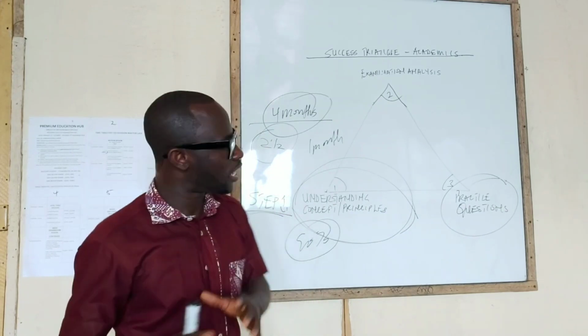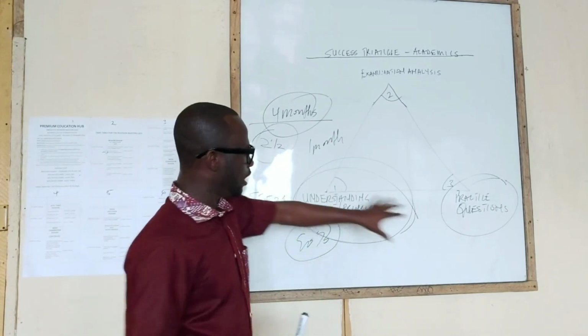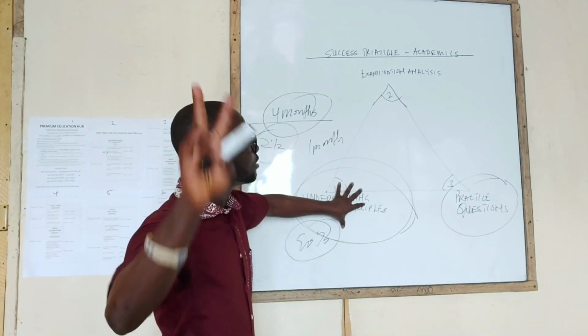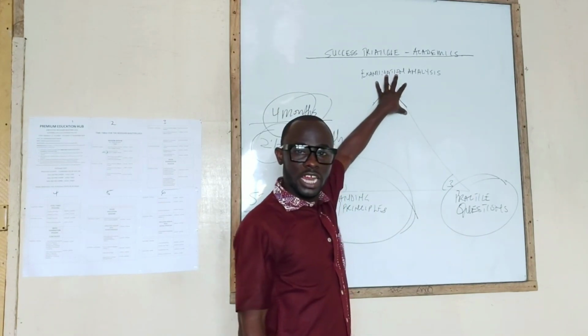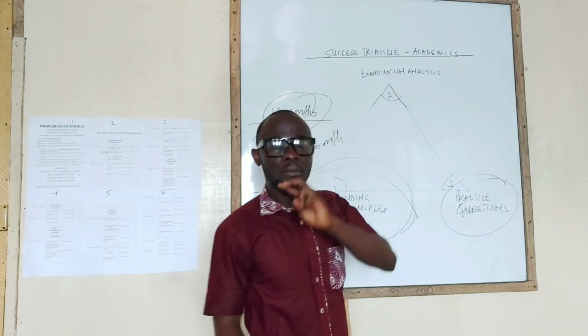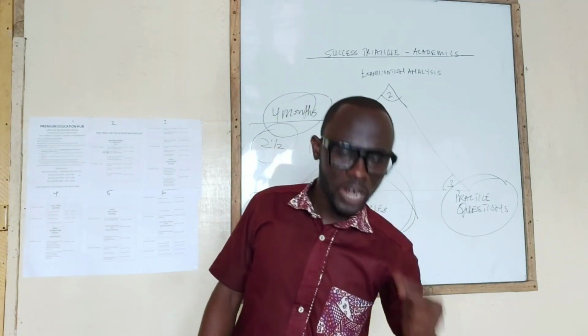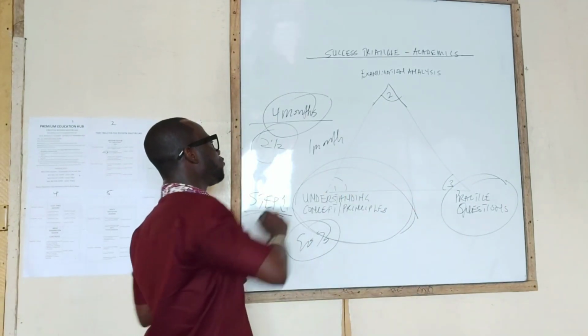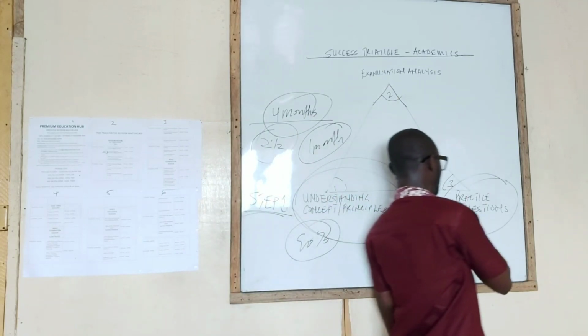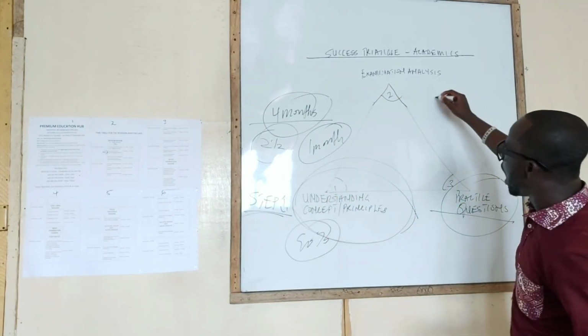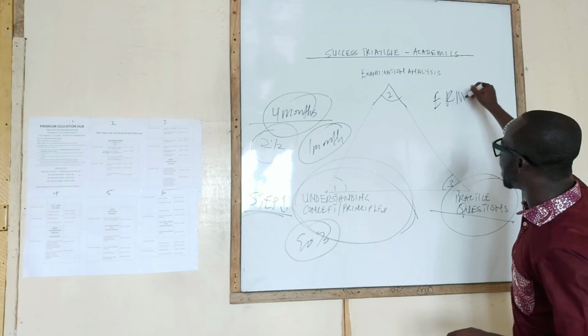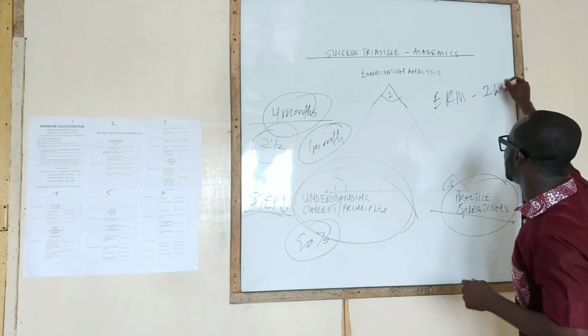So if you want to pass the exams, step 1, understand the underlying principles. Step 2, make sure you understand the examination analysis document. Step 3, make sure you practice a lot of questions. That's it. If you have a month or so to practice questions, and remember, our Executive Revision Masterclass always comes two weeks to the exams.